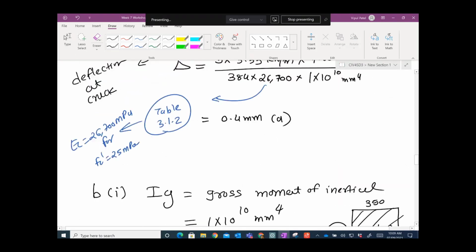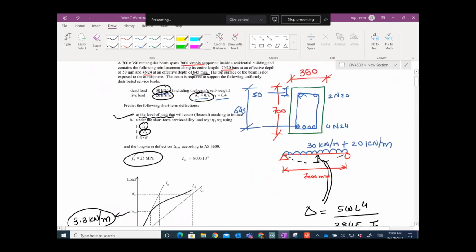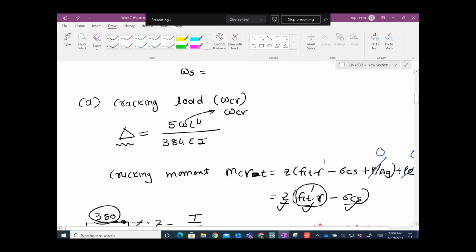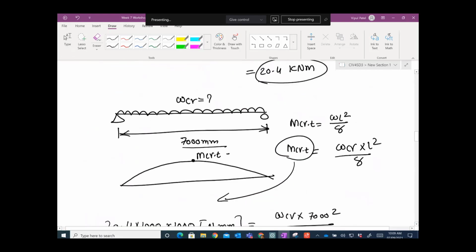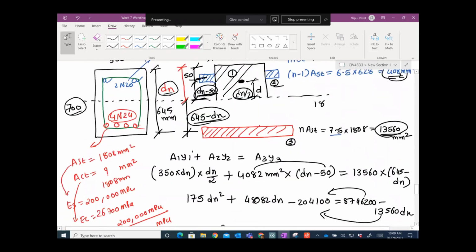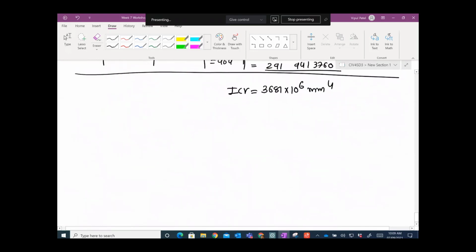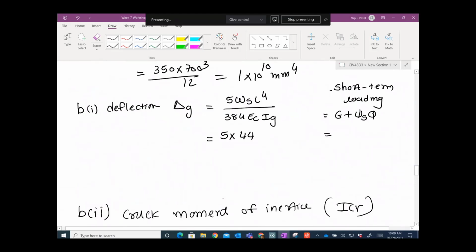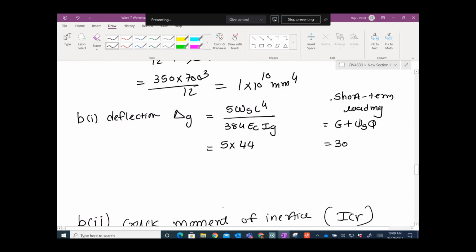This was how much? This was 30 and 20. You have G is 30, Q is 20, and this is the short term factor. So you have this 30 plus 0.7 times 20.